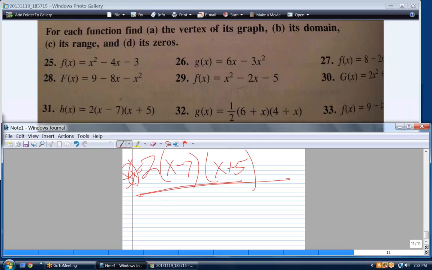You just have to put a multiplication sign, the dot, in between the x minus 7 and the x plus 5 when they're in parentheses. So it'd be 2, then in parentheses x minus 7, close parentheses, then the multiplication function, and then in parentheses x plus 5. Okay, so it won't take multiplication automatically. Okay. All right.